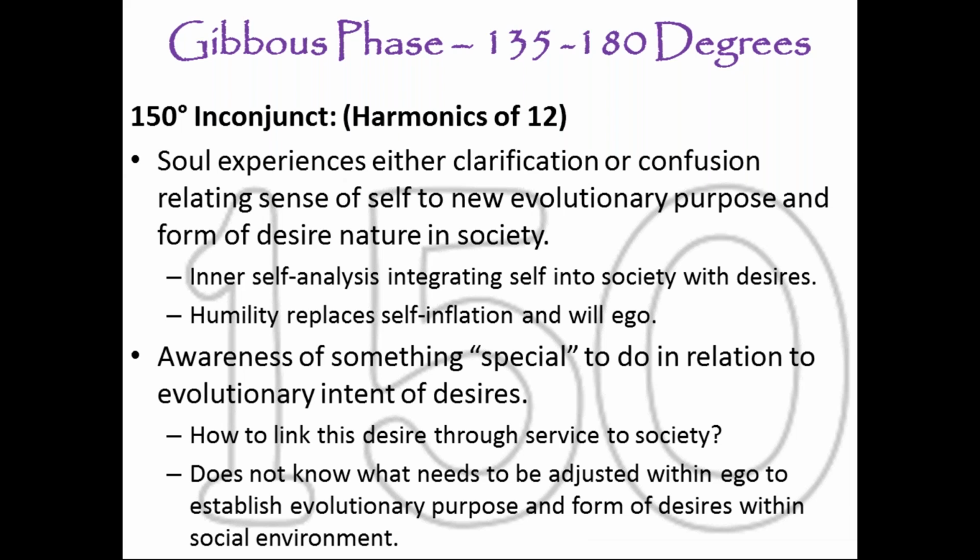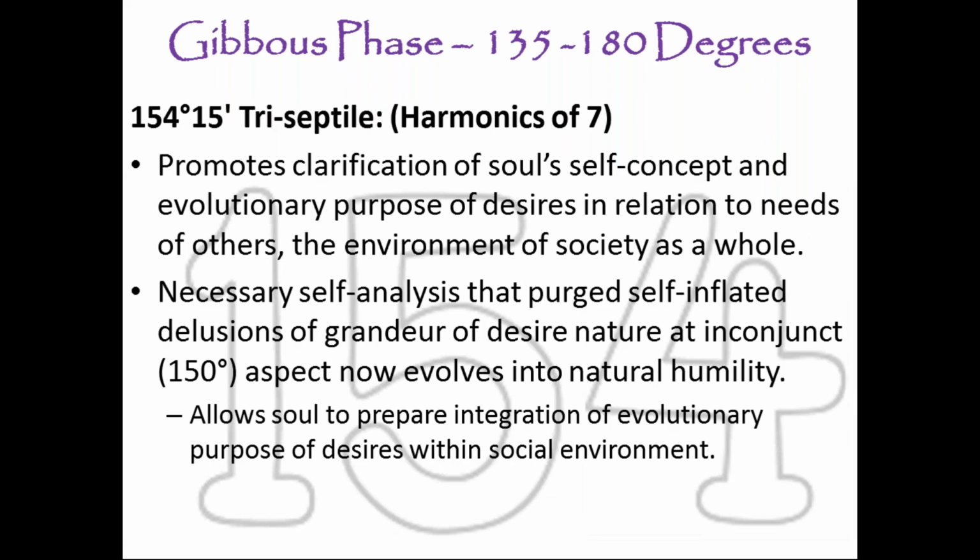Now, if we have a soul nature, if we have certain circumstances revealed by signs and houses that do not lend themselves to this inner adjustment, that perhaps lend themselves to the Aryan will and ego wanting to come through, or Leo, or Capricorn, what we then will move into is the aspect that we call the triseptile.